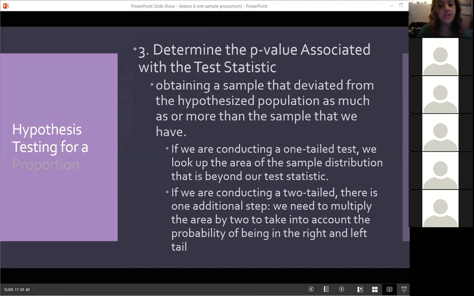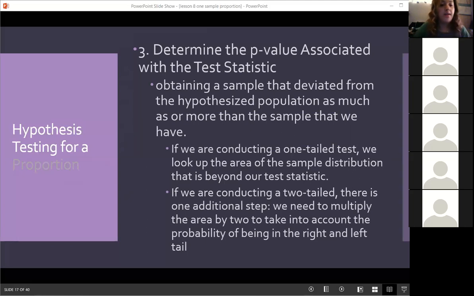That's the definition of the p-value associated with this test statistic for a proportion. So it's obtaining the sample that we got or something even more extreme. What's the probability of that? That's saying, by chance, so we want it to be small. That's why we want our p-value to be small in order to reject our null hypothesis and say that there's some sort of change.